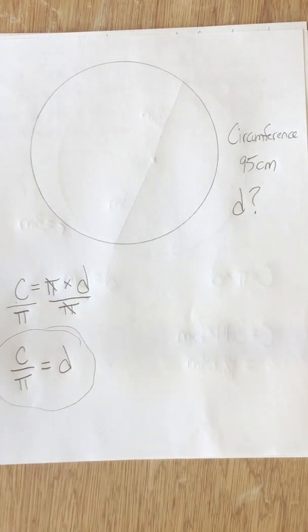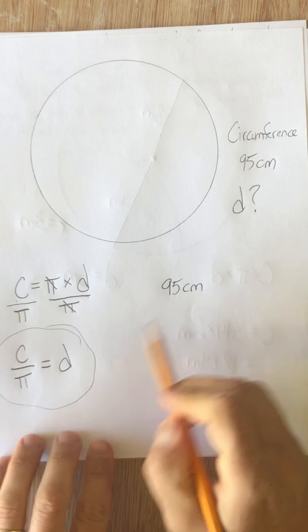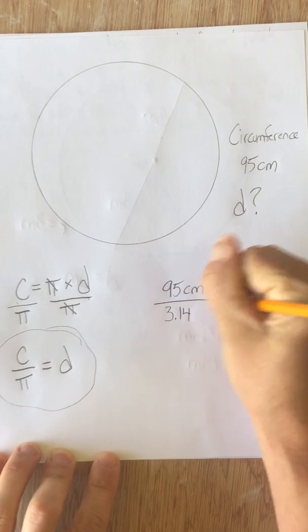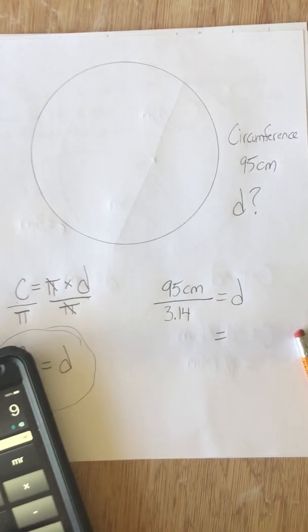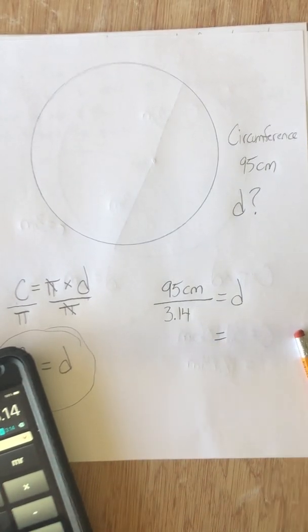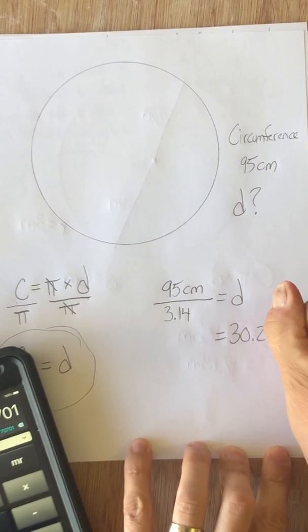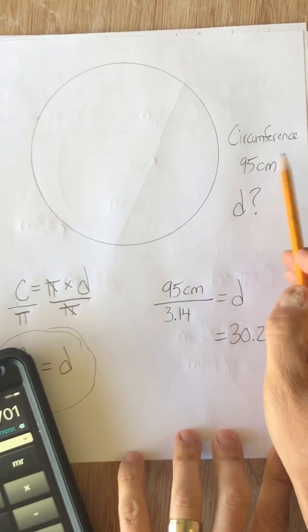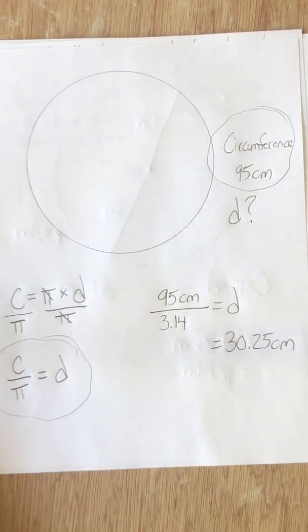The circumference is 95 centimeters, so all I do is divide it by 3.14, and that equals my diameter. 95 divided by 3.14 equals 30.25, I'll round it to 30.25 centimeters. So a circle that's 95 centimeters in circumference has a diameter of 30.25 centimeters.